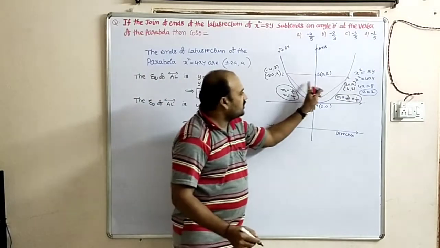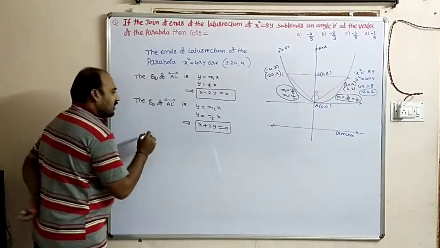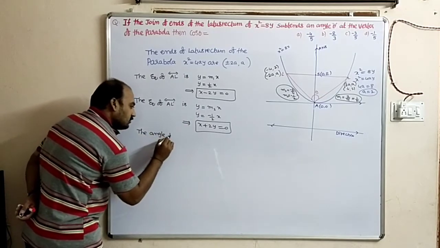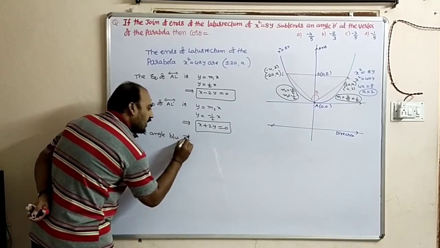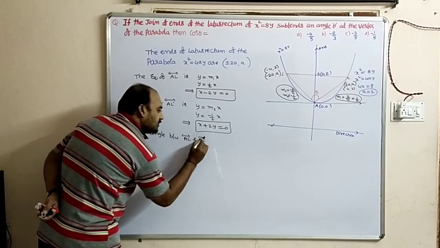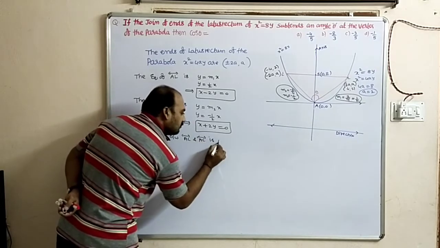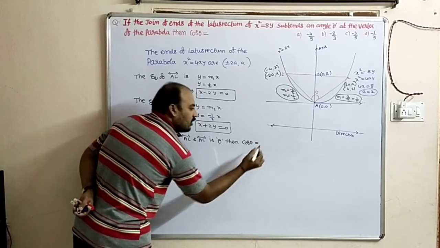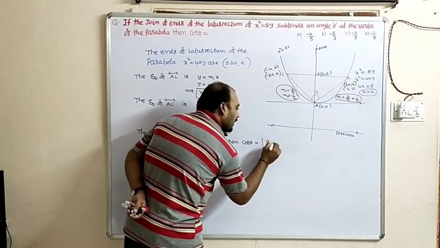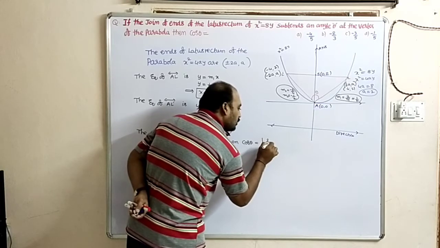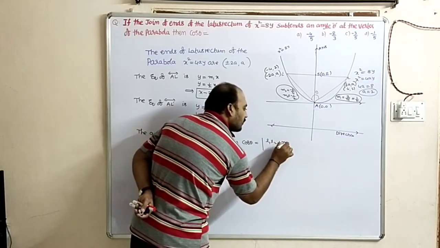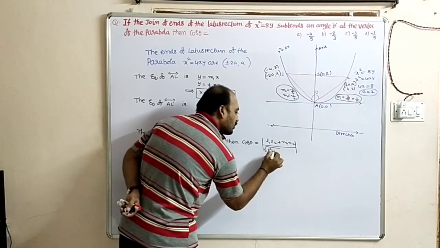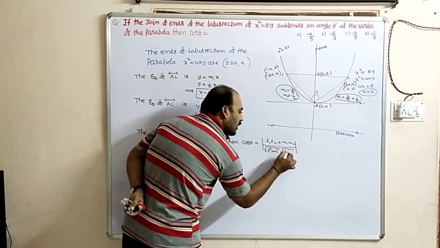Now the angle between these two lines AL and AL dash is theta. Then cos theta equal to, we have the formula, mod of L1 L2 plus M1 M2 by square root of L1 square plus M1 square into L2 square plus M2 square.